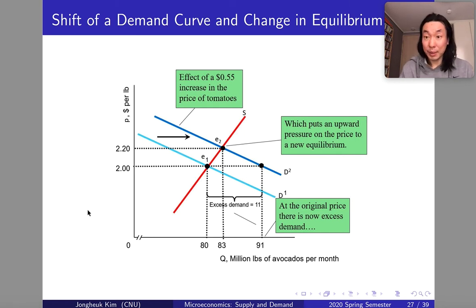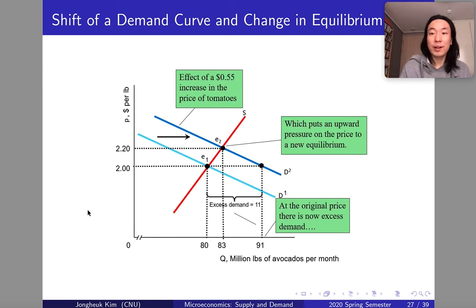So how about the price level? Since the demand curve is increased, the price level will also increase, logically and intuitively. But at the old equilibrium price level, the $2 in this case, what happened? There is excess demand at $2 right now.